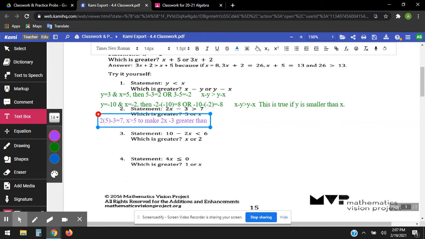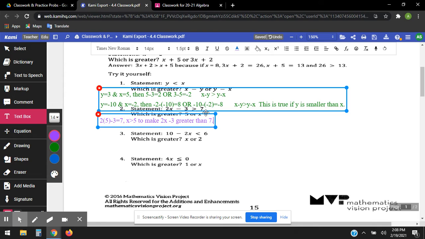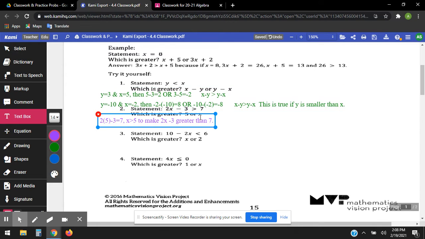If we put in the 5, they're equal, and that's not allowed, because it's a greater than. So it can't be equal. We can do it, but x has to be greater than 5.